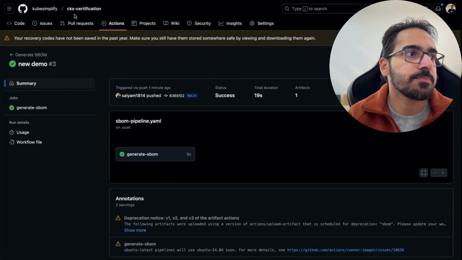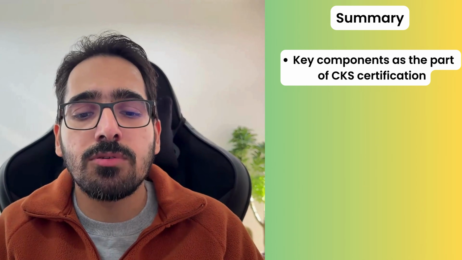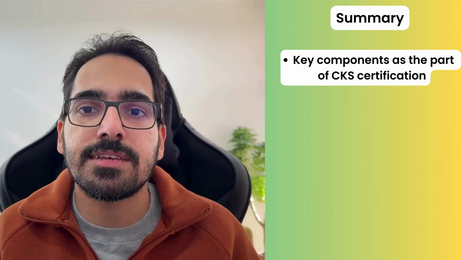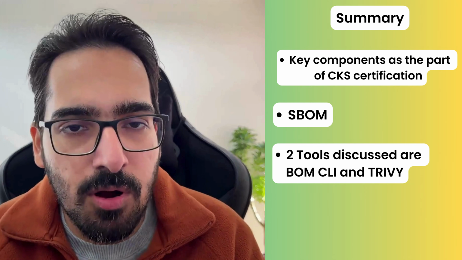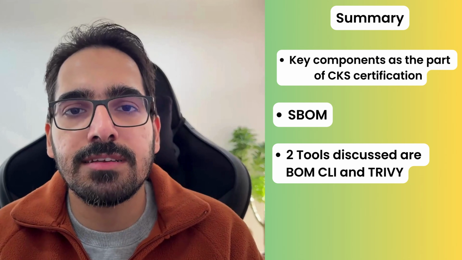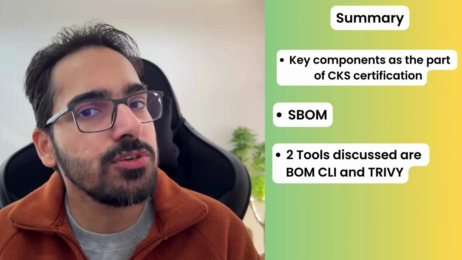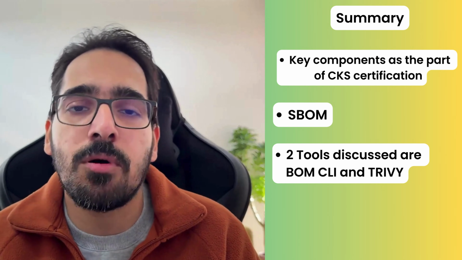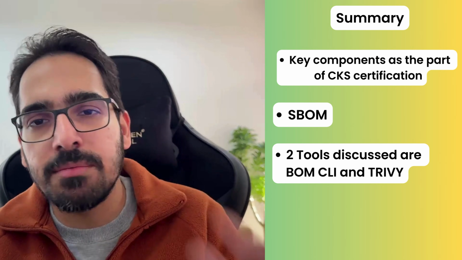So in this video, we have talked about key components as part of the CKS certification exam and the Kubernetes security spectrum as well. One is SBOM, and the two tools that we discussed are the BOM CLI and Trivy, how to use both of them to generate SBOMs and also read the SBOMs using Trivy and get vulnerability information.